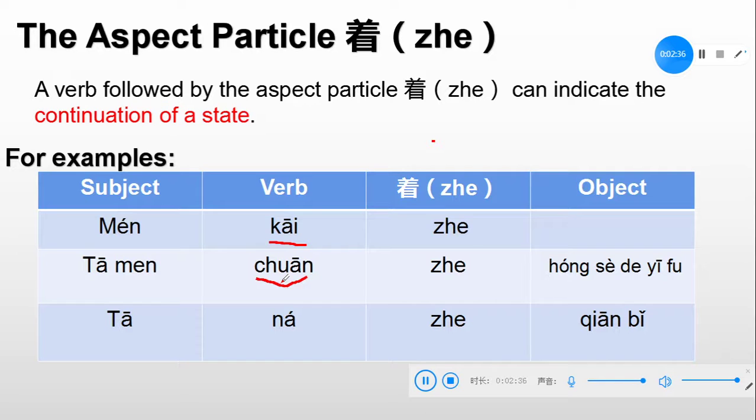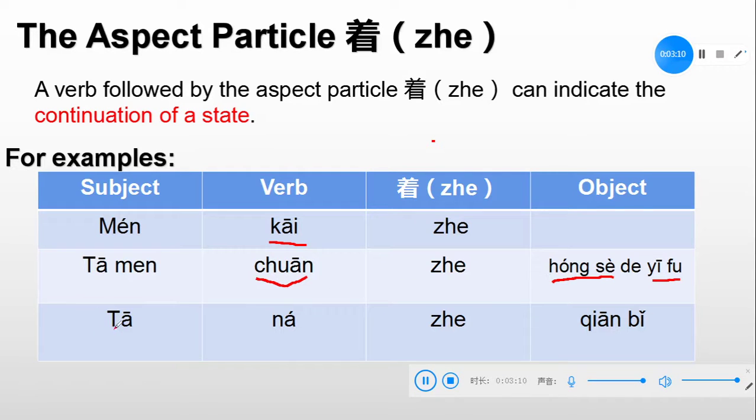Okay, 穿意思是 put on or wear. 着, okay, 红色的衣服. 红色, this is the color of red. 衣服 remember? 衣服的意思是 cloth. So 红色的衣服 red cloth. So the meaning of this sentence is they wear red cloth.